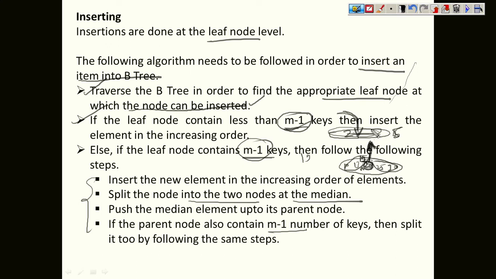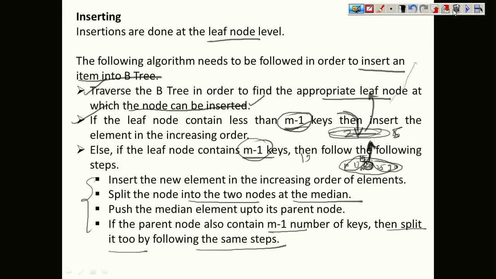You simply insert into the node, look at the median, and move to the next parent, meaning the grandparent, and apply the same principle. You keep shifting until you find a situation that does not violate the B tree's property. If the parent also contains m minus 1 number of keys, then you have to split it too by following the same steps that we have discussed.